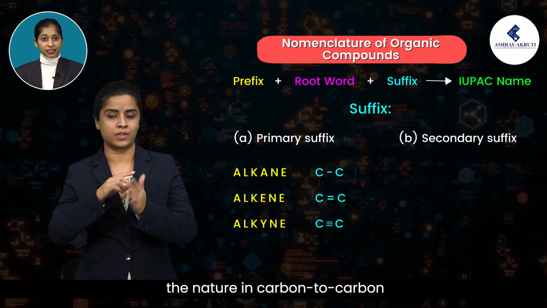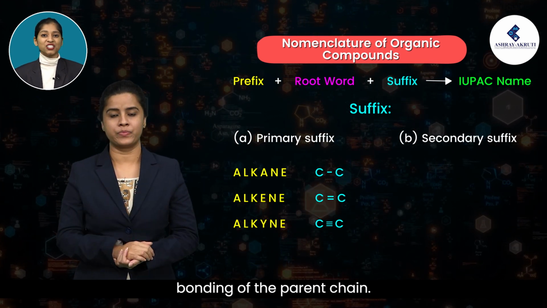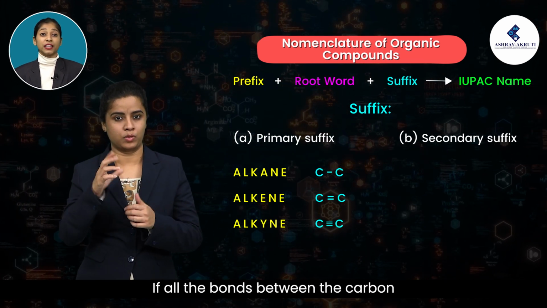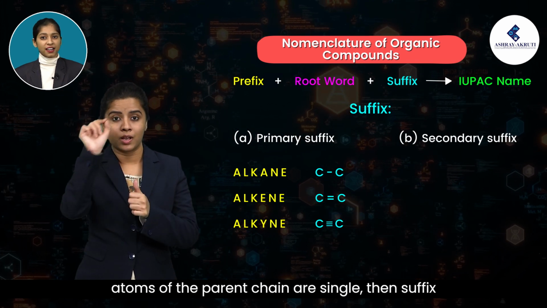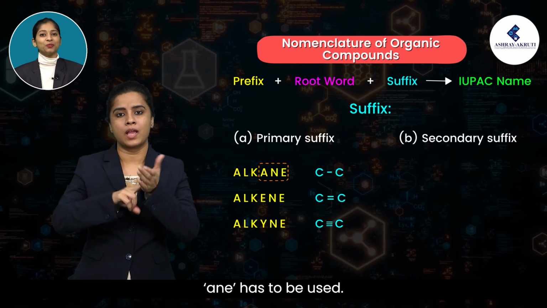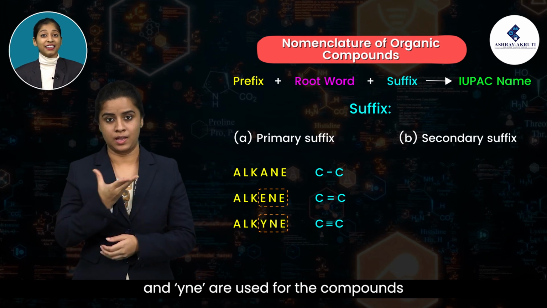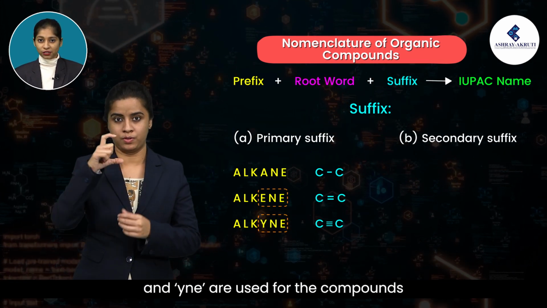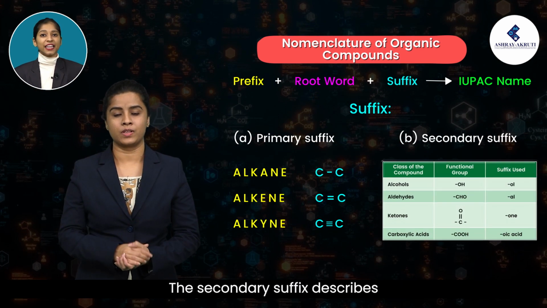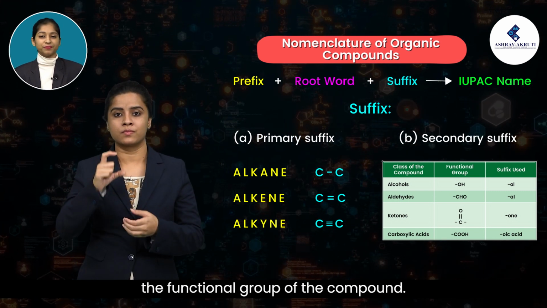It represents the nature of carbon to carbon bonding of the parent chain. If all the bonds between the carbon atoms of the parent chain are single, then suffix "-ane" has to be used. Suffix "-ene" and "-yne" are used for the compounds containing double and triple bonds respectively. The secondary suffix describes the functional group of the compound.